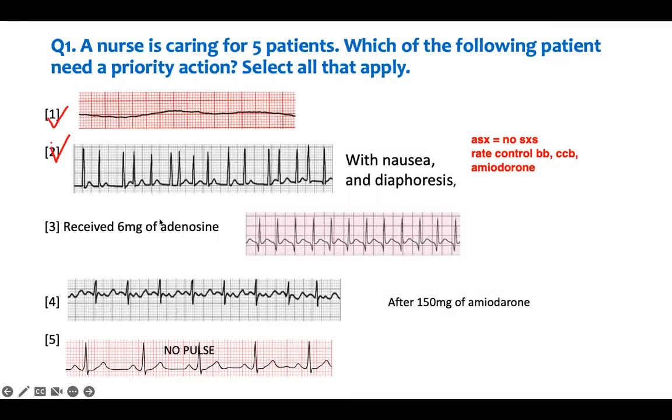The next one, you have this rhythm and they said the patient received 6 milligrams of adenosine. This is a clue, you can make the diagnosis from that. But you can also look at it and say, hey, this rhythm is sinus, but it's too fast. I cannot see the P wave well.